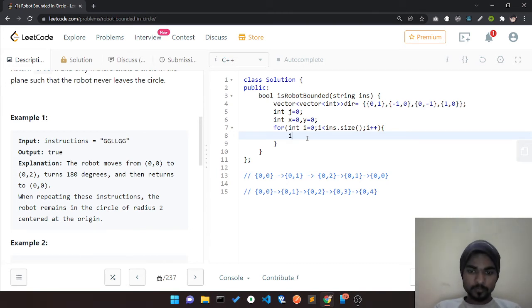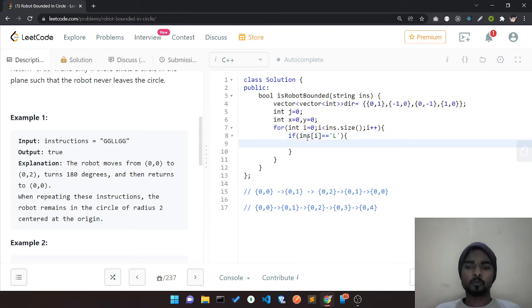If ins[i] is equal to L, it means I want to turn. So how can I turn? This j contains the initial direction of my robot. Let's say it's on the initial state, 0 comma 1, in the north.